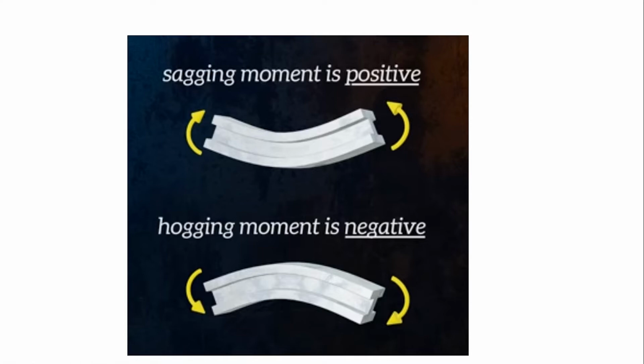Another way of interpreting this: as I told you before, when the beam bends, for example, there's a force here, there's a tendency that it will bend upward or downward. If the bend is towards up, sabi niya sag.